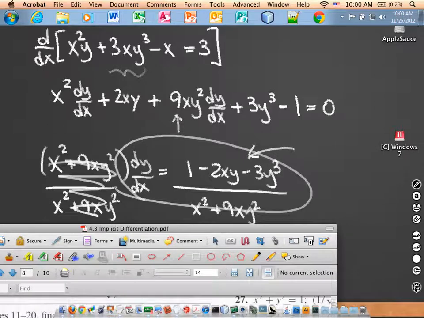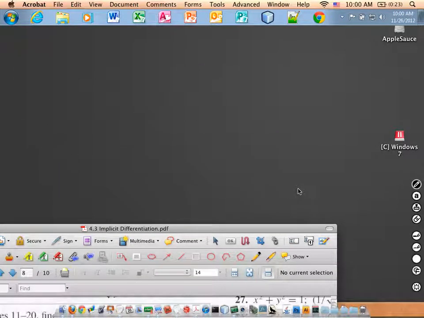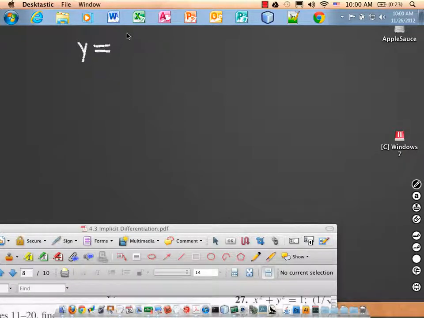Okay? All right, I'm going to prove to you that this is exactly the same kind of differentiation. So let's go back to something easier. y equals 1 over x. What is the derivative of y equals 1 over x? In other words, what is dy/dx?